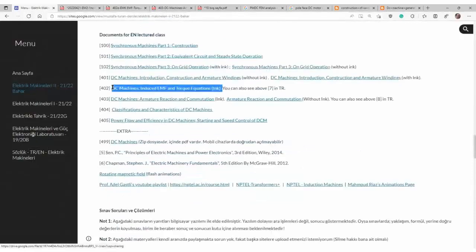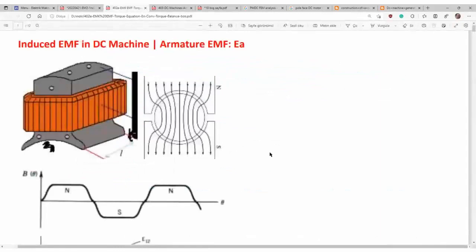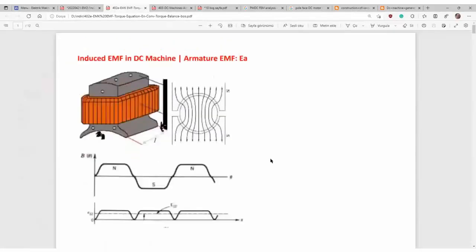I have downloaded this file. And here's a blank page. I have cleaned the writings and added some more blank pages. And let me introduce you to induced electromotive force in the DC armature winding.